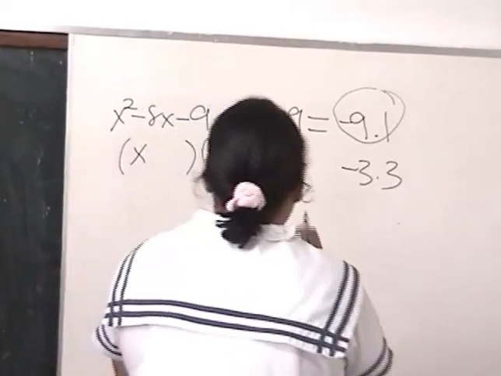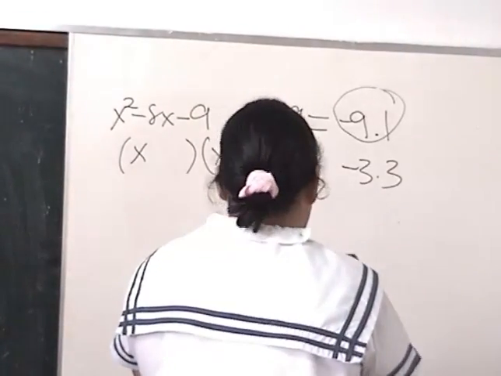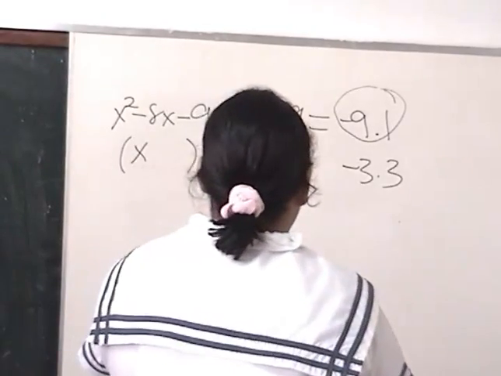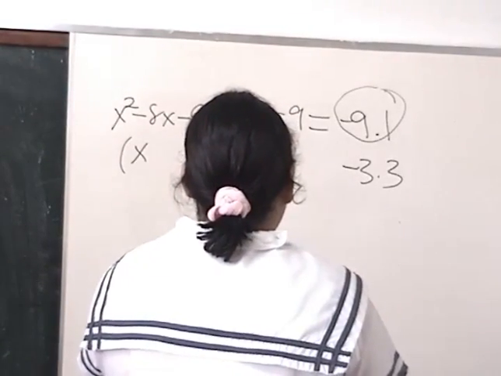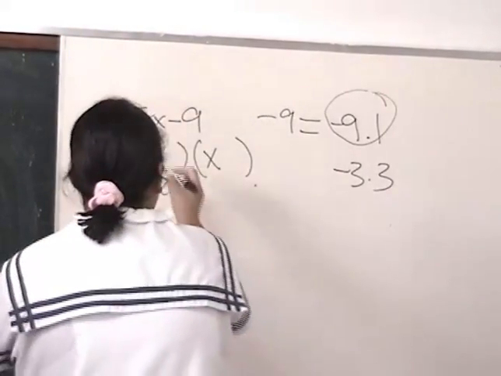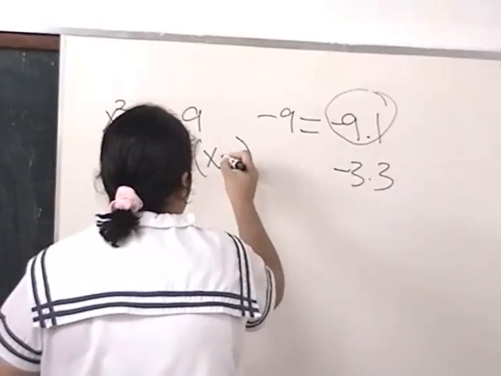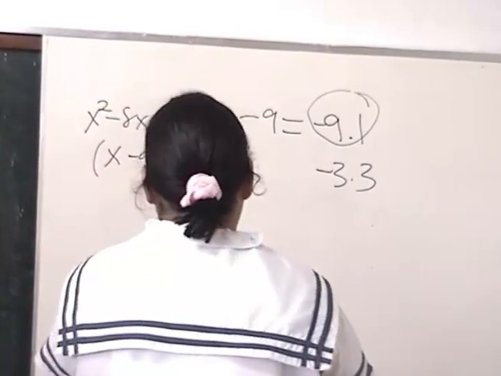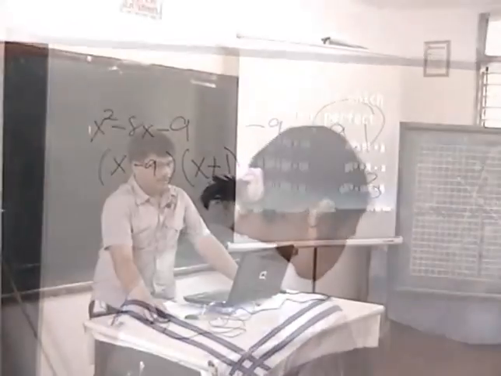Negative 8 is our basis, because the sum of the possible factors should be equal to the middle term. So the answer is x minus 9 times x plus 1.